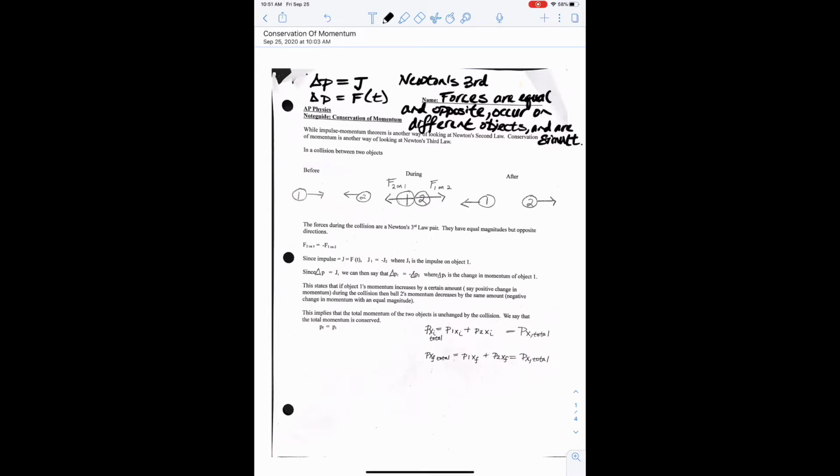Okay, ran out of room there. All right, so that's just a reminder of what Newton's third law states.